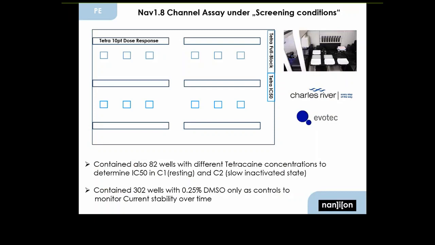The remaining wells were filled with controls only, to monitor current stability over time, and in a compound screen, those control wells would be replaced with compounds.